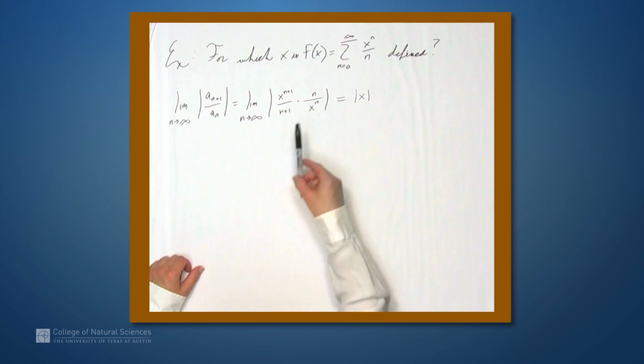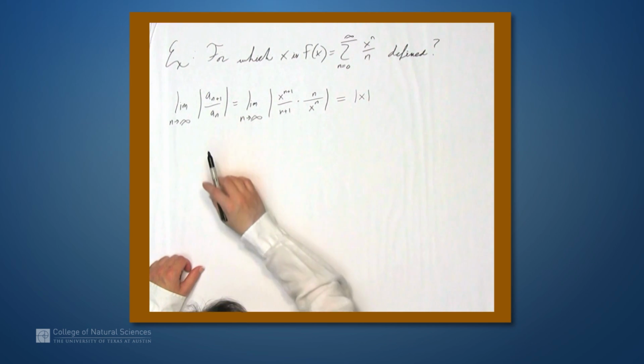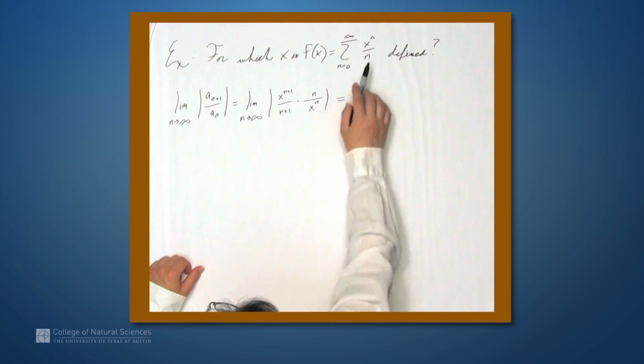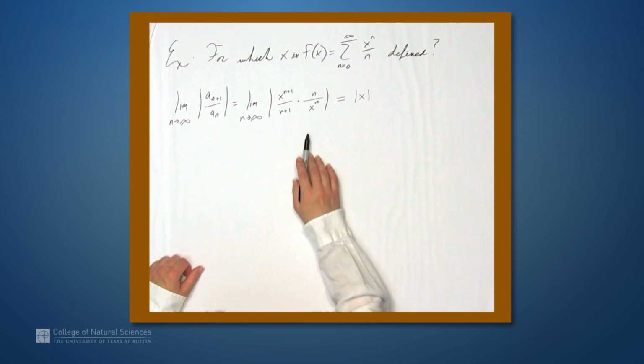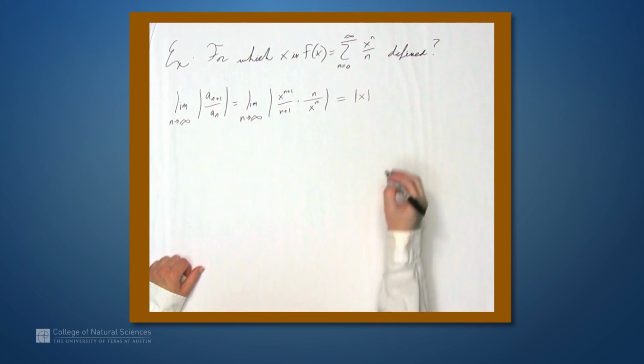Now, in a lot of cases, we can ignore the absolute values when applying the ratio test because the terms we're looking at are always positive. Here, they're not necessarily positive. If x is negative, we get some negative terms, so we can't ignore the absolute value. So this limit is the absolute value of x.